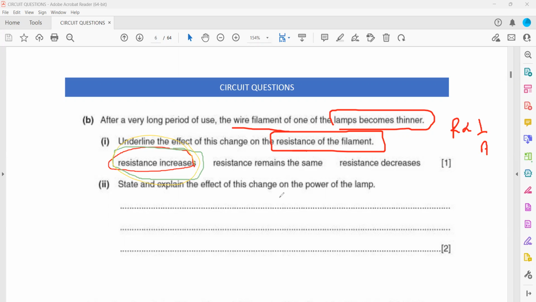State and explain the effect of this change on the power. How is the power of the lamp affected as the resistance increases? Power has 3 formulas: P equals VI, P equals V squared over R, or P equals I squared R. This is how the power is related.